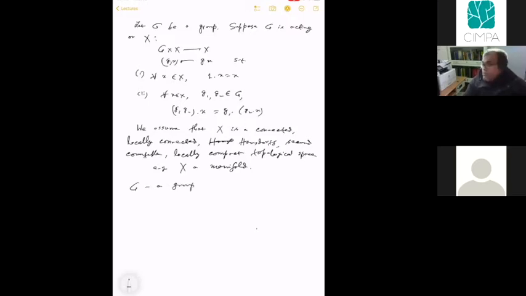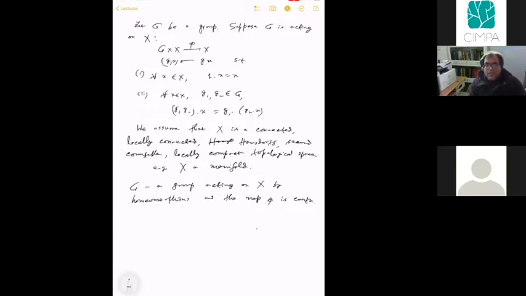a group acting on X by homeomorphisms, and the map, I call it phi, is continuous.